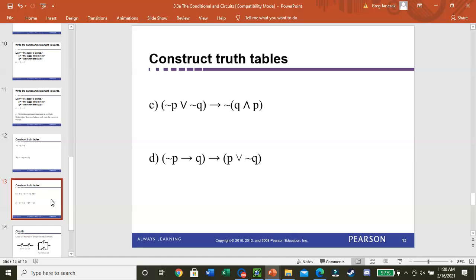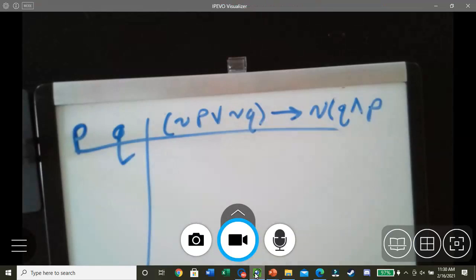Now what is this symbol here? The V looking symbol, what is that? Or, yeah, good. So we're saying here, if not P or not Q, then it is not the case, P, and what's the upside down looking V looking symbol? And, right, that's Q and P. Okay, so this is what we've got, right?